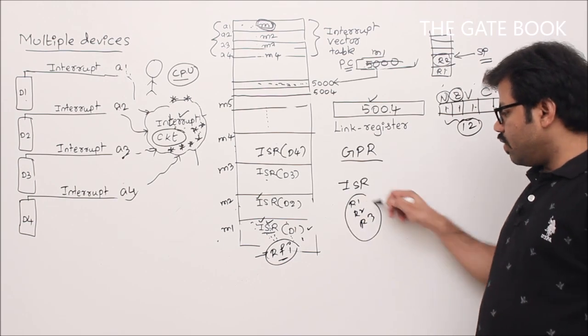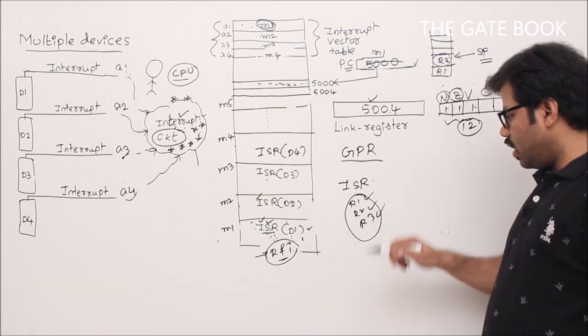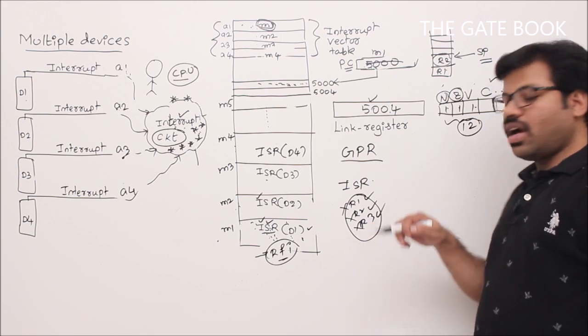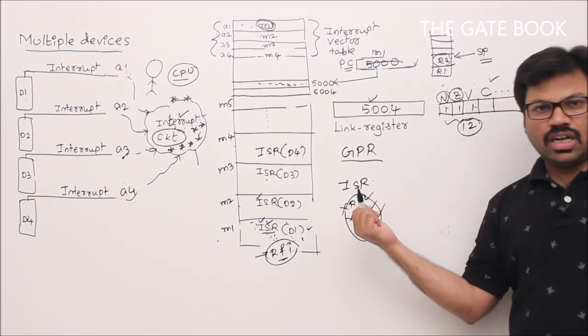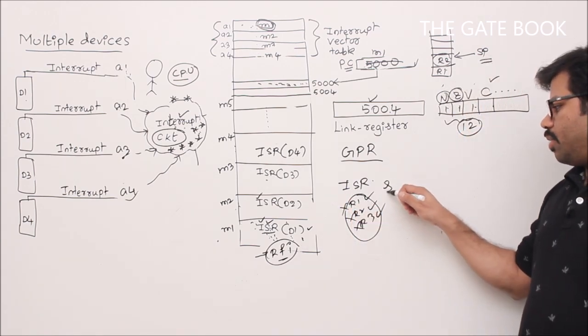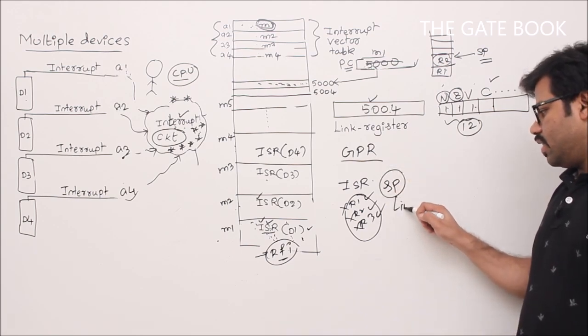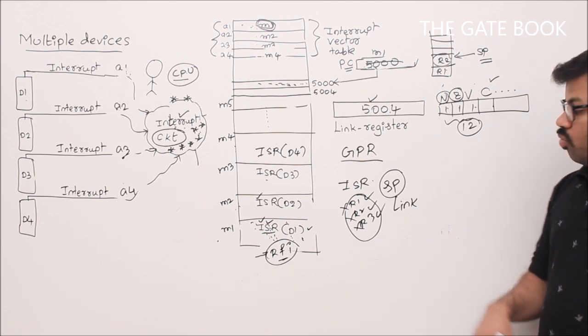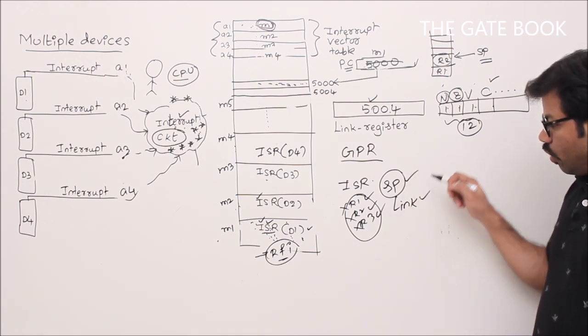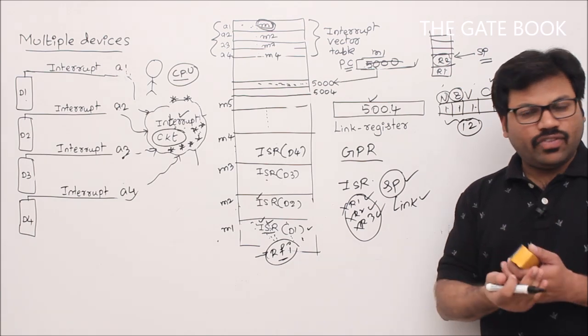So when that interrupt service routine is using only R1, R2, R3, it is going to spoil only R1, R2, R3, which are general purpose registers. Maybe it might use the stack pointer, maybe the link register. Whatever registers you use, only those will be spoiled.